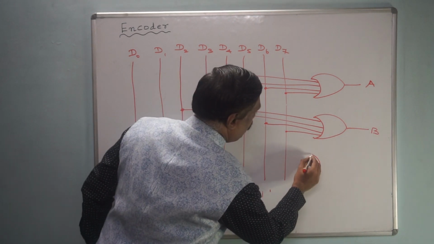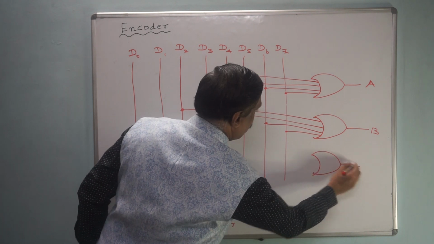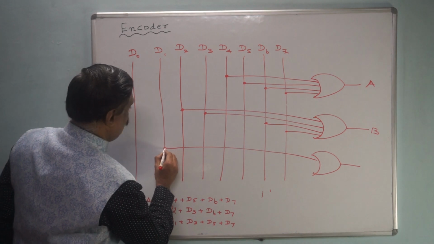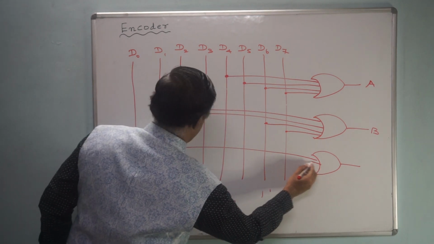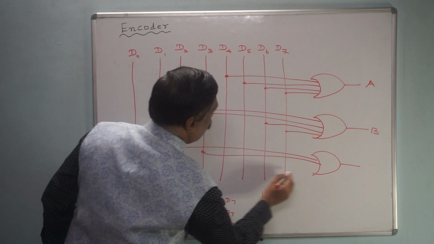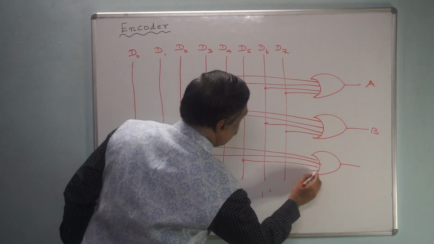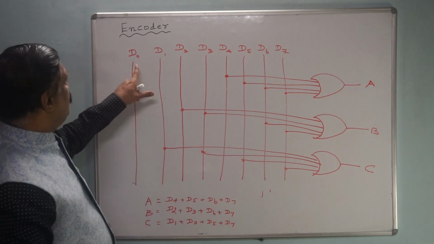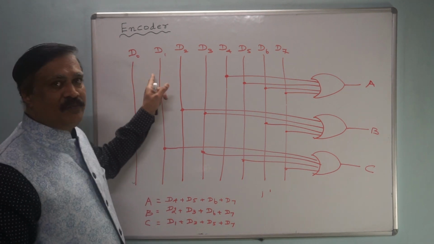Now this belongs to B. And for C, again this is D1, D3, D5, D7. This is your C output. Now what about D0? D0 is for 0.